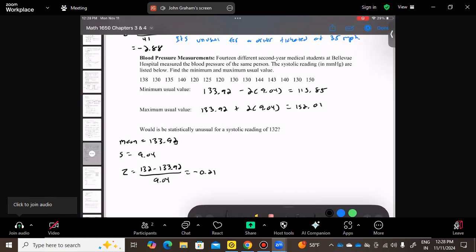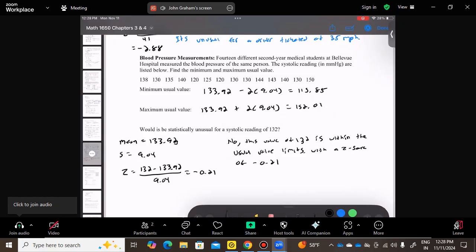Okay, so now this value of 132 is within the usual value range or limits, with a z-score of negative 0.21.